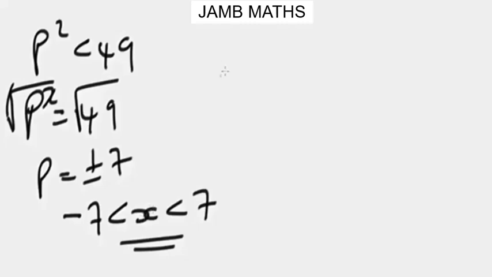Now, what if you're given something like minus 1 over 2 p squared is less than or equal to negative 32? Let's solve this problem also. Now, feel free to pause this video and see if you can attempt this question. Okay, let's solve it together. Now, we want to make p the subject of the formula. Let's replace the inequality sign here with equal to.